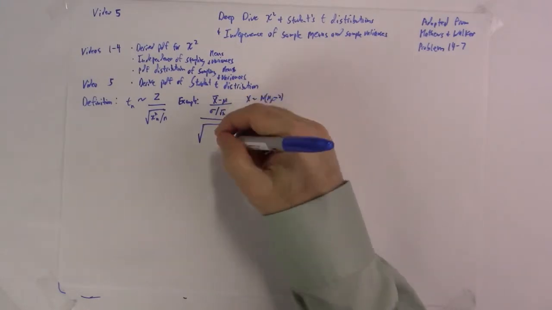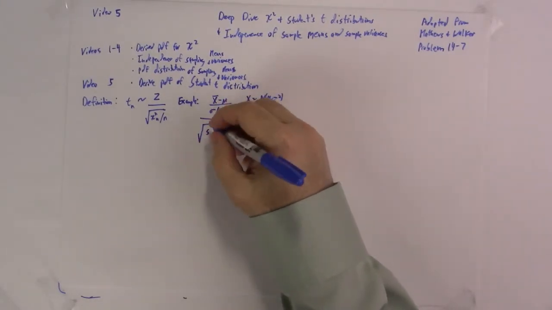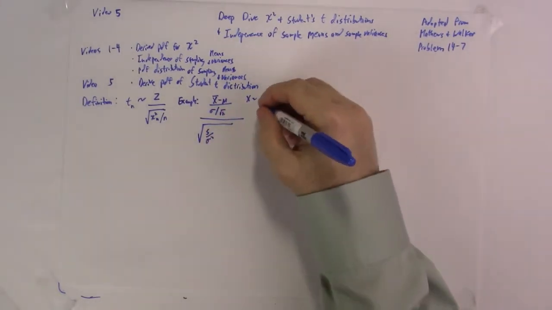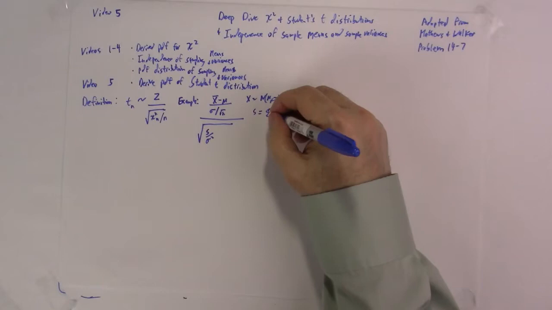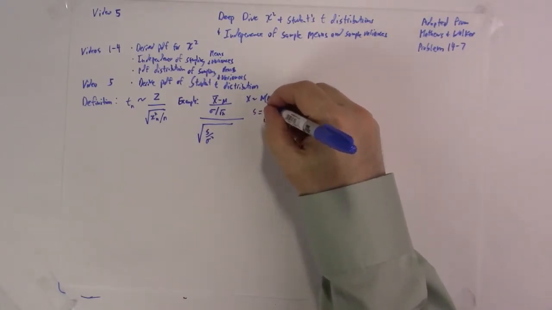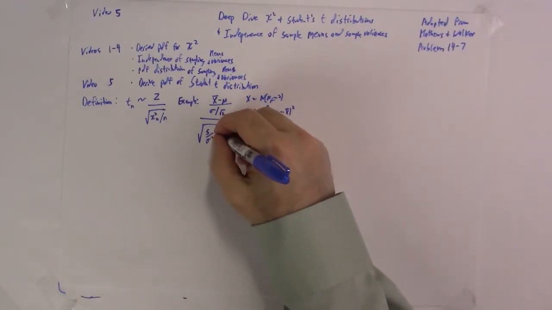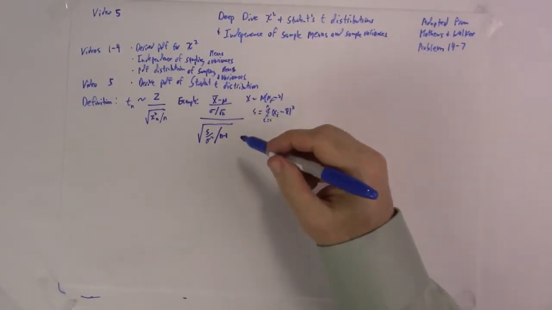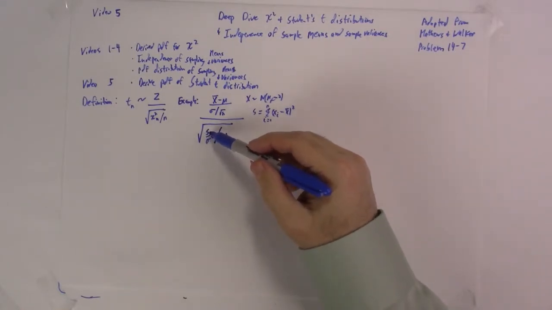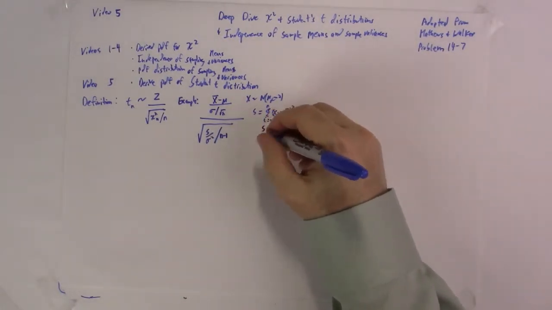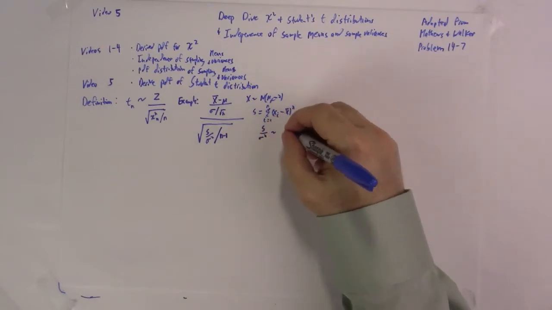And we'll take a square root. We showed in the previous video that s over sigma squared, where I'm defining s in a little unconventional way, but it's just the sum of the squared deviations from the mean, is distributed as a chi-squared with n minus 1 degrees of freedom.